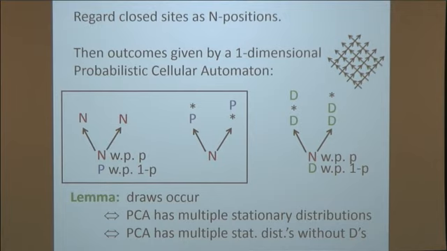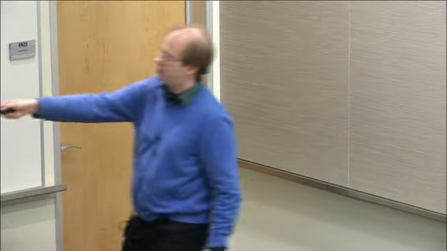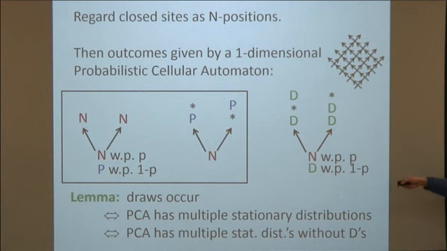Furthermore, that's also equivalent to it having multiple stationary distributions without d's. If you don't have any d's, you just have p's and n's, and you just use this rule, that gives you a simpler cellular automaton with just two states, and it's equivalent to that having no draws.